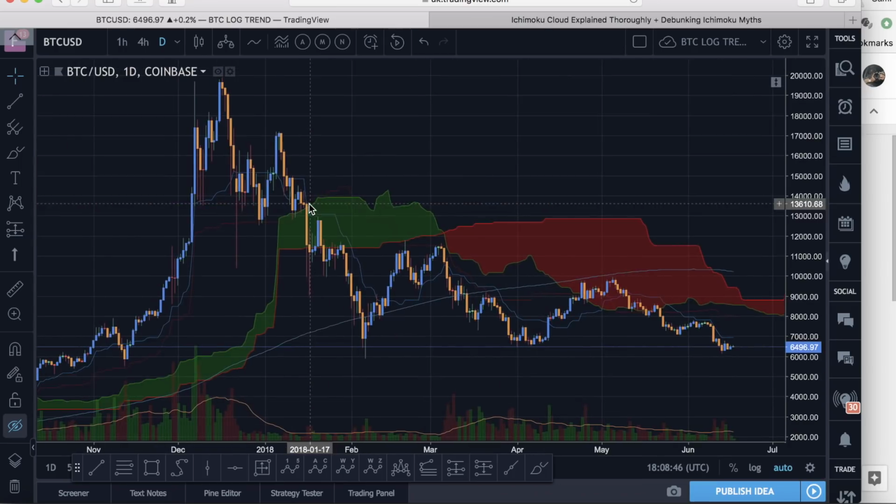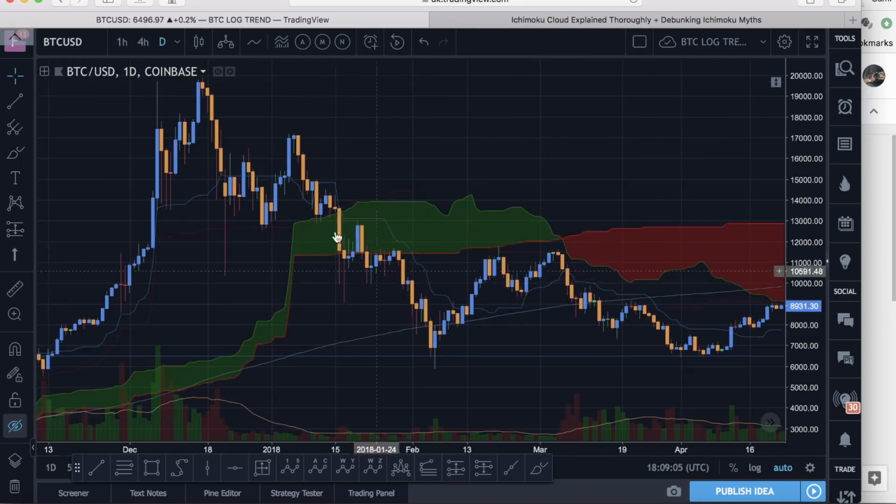So guys, what we saw here was a green cloud, and obviously we would expect, if the bullish sentiment was still there for Bitcoin, and if it still had room to go up, which in hindsight we now know that it didn't, we would have expected this green cloud to act as support. And you can see that it was fighting this area for a while.